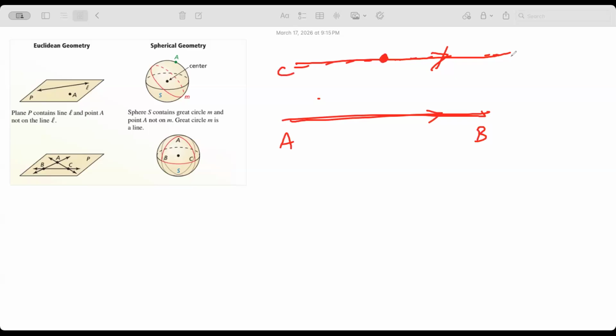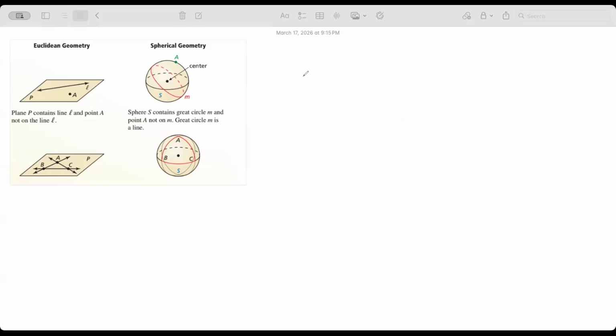There can be only one line CD that can pass through our point and be parallel to the given line. Okay, but in case of spherical geometry, do you think that will hold good?